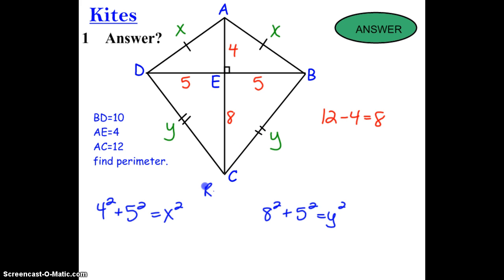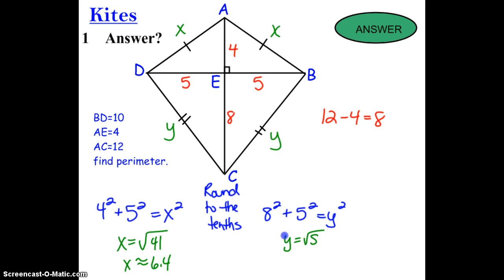You can round to the tenths. Okay, and once you solve that, I want you to check back on the video. Alright, x is the square root of 41, which is approximately 6.4. Y is the square root of 89, which makes y approximately 9.4.